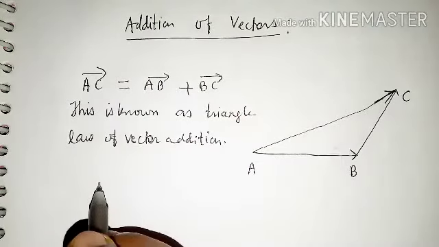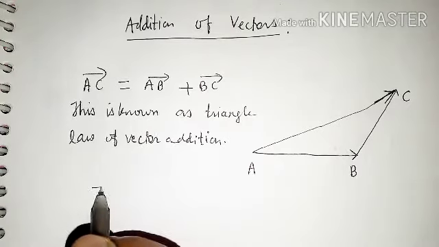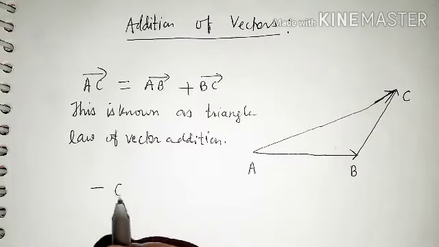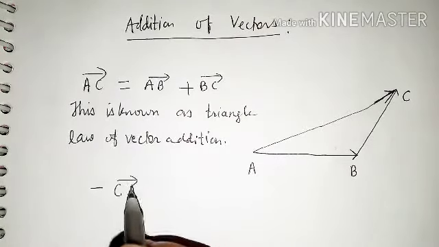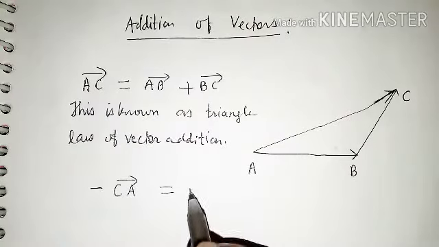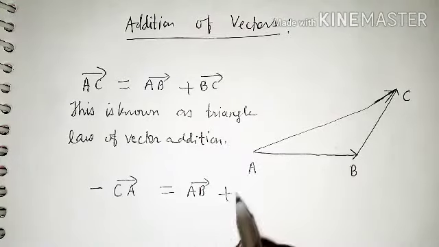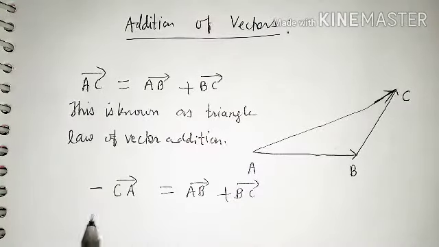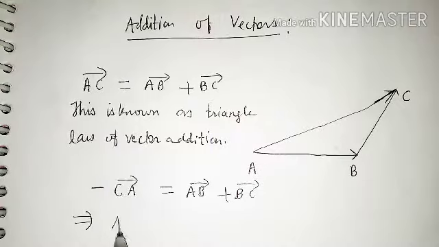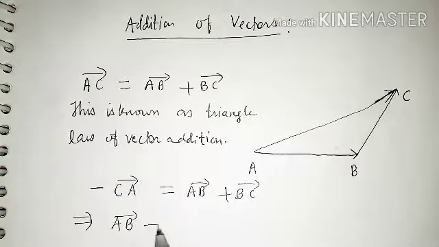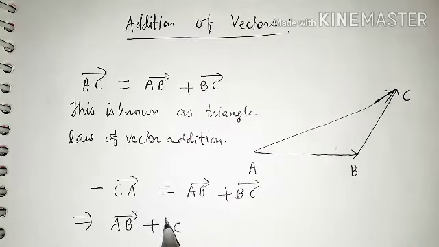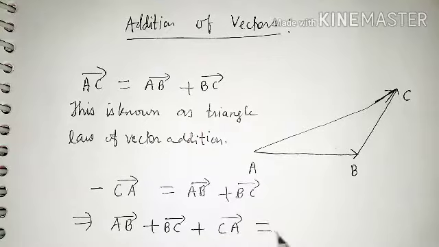We know that vector AC is minus vector CA. So we can write vector AB plus vector BC plus vector CA is equal to 0 vector.